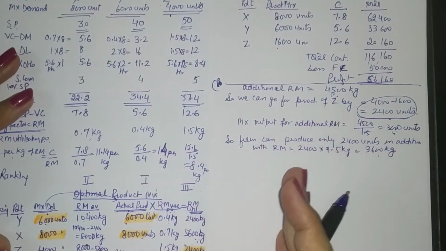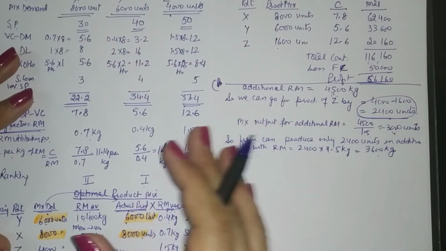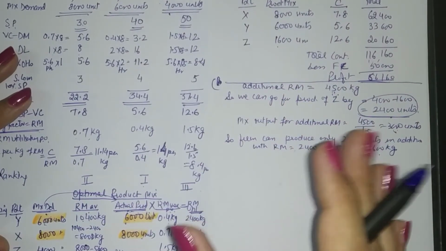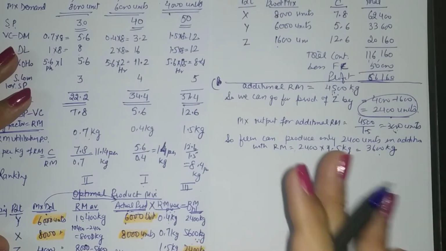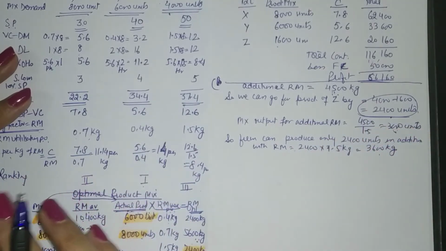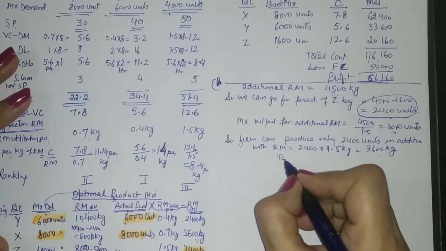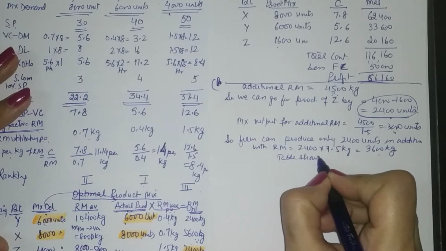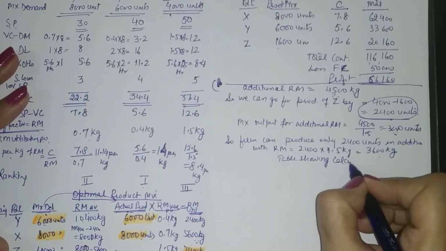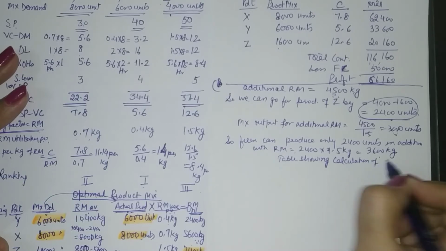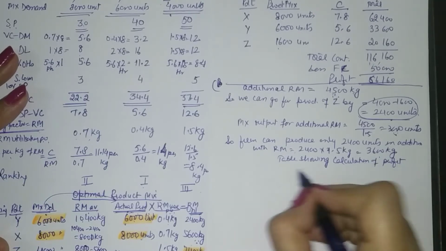Now the second part, should we go for this production? Yes, it is possible. But should we go? We'll go for production only when we have the profit. So now we'll be making a table showing calculation of profit. Now how do we calculate profit?